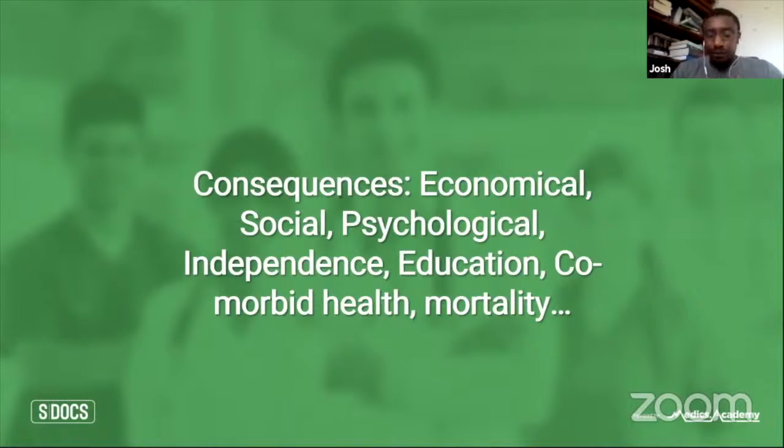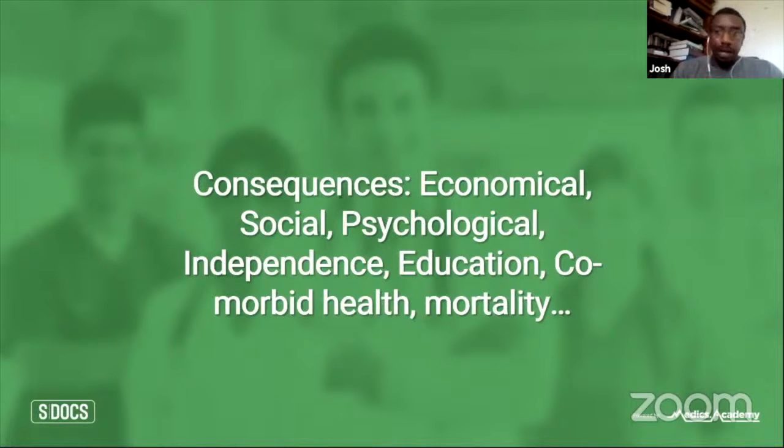It can really severely affect education if you're blind or visually impaired as a child. It's going to increase your comorbid health problems. In particular, those who are blind and visually impaired are at a lot more increased risk of falls and mechanical injuries. And those who are blind and visually impaired also have a lower life expectancy.